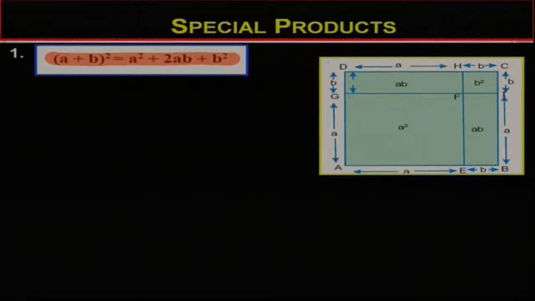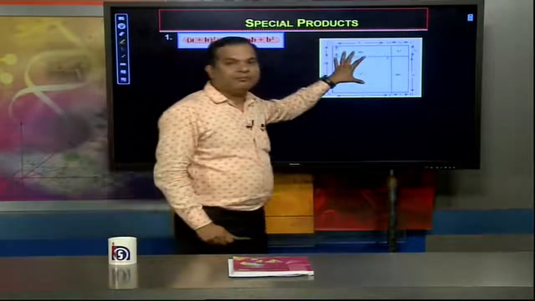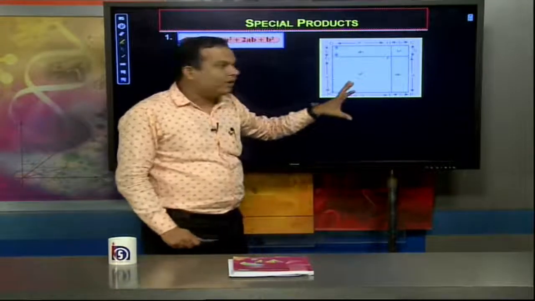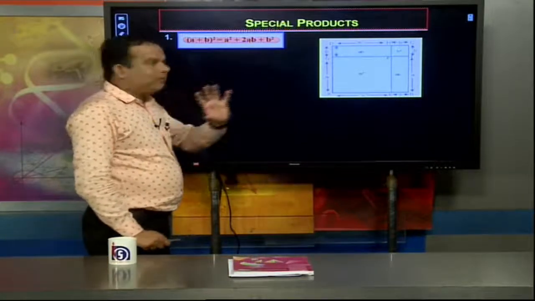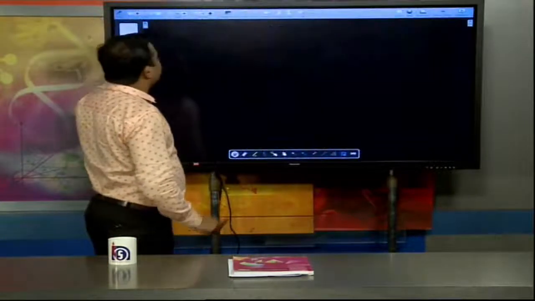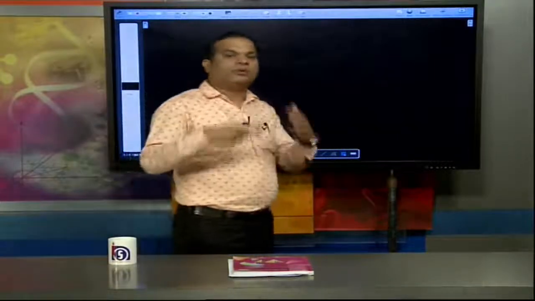This is the first formula, the first special product. Similarly, we will use different formulas, but how is this formula generated? We can prove this by numeric and also by geometrical methods. First, we have to prove this product using the algebraical, theoretical part.